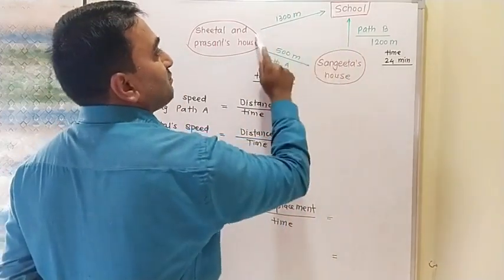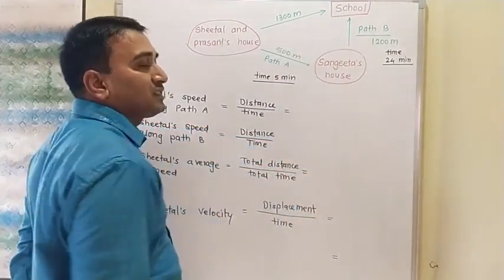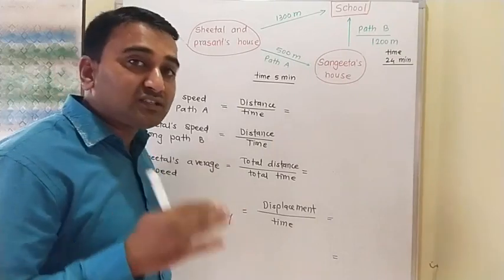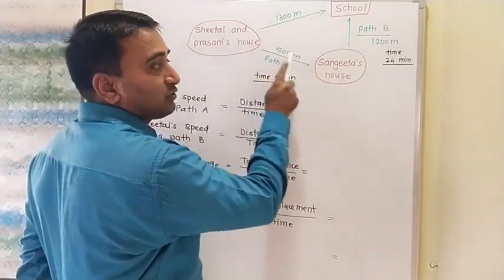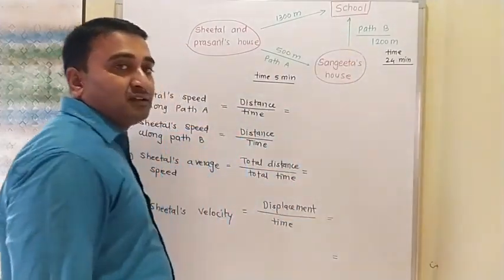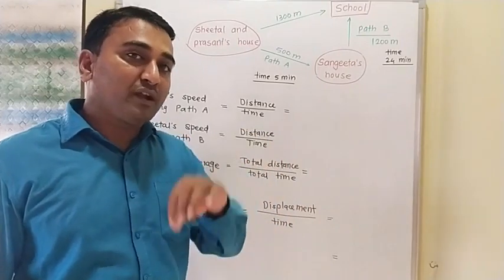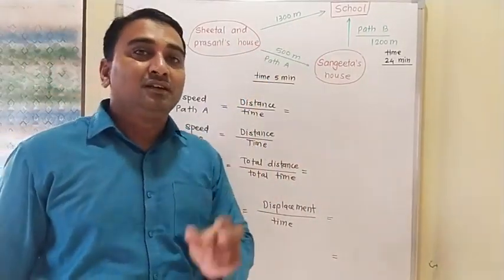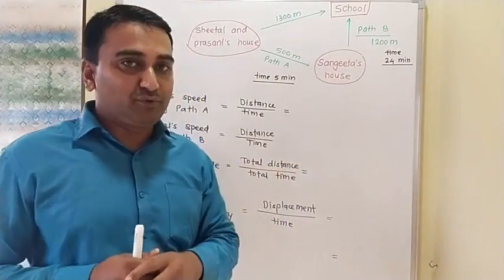So the minimum distance between Sheetal's house and school is 1300 meters. So those are the differences. What again we want to make clear: distance is the length of an actual path while going from one place to another place. But displacement is the minimum distance from the initial position to the final position.